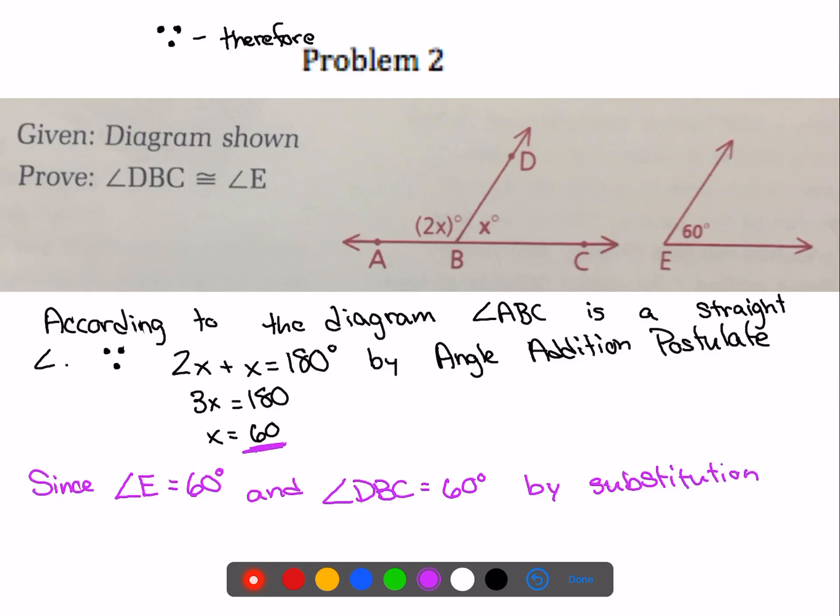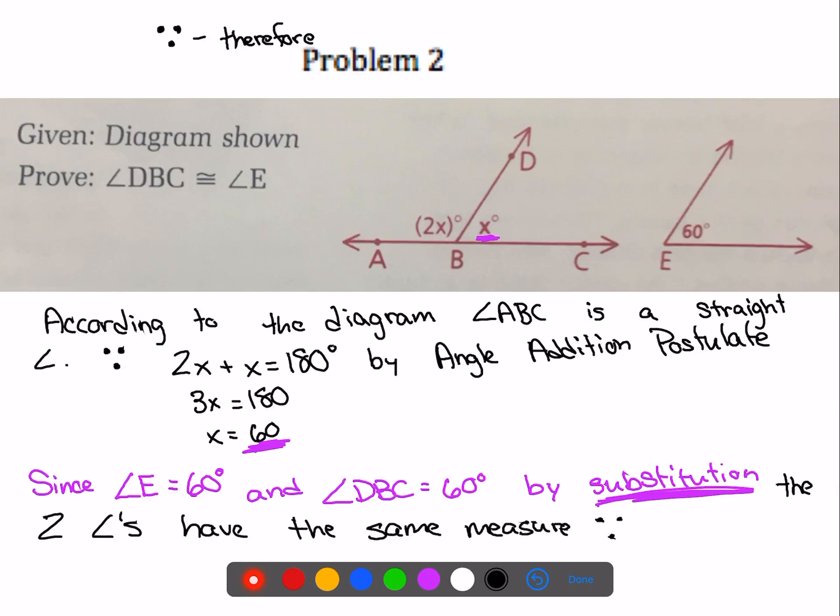Well, I'm substituting 60 back in for x. So that's where the substitution is coming from. Plugging 60 back in for x. So since angle E is equal to 60 and angle DBC is equal to 60, by substitution, the two angles have the same measure.